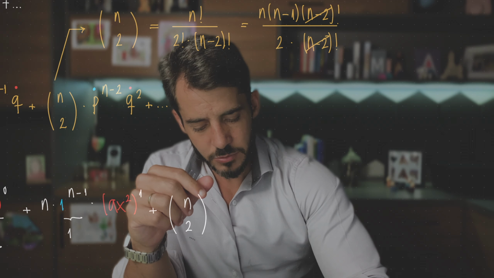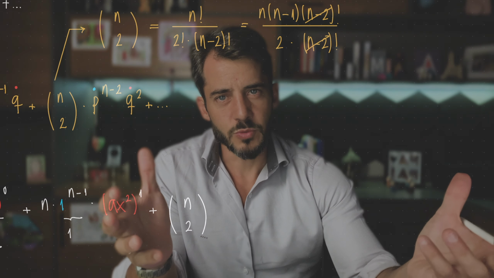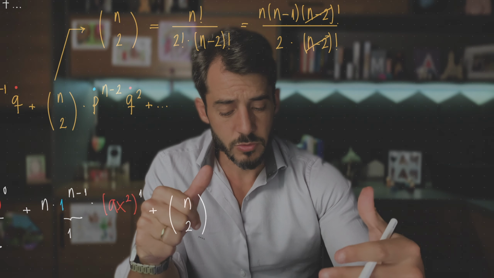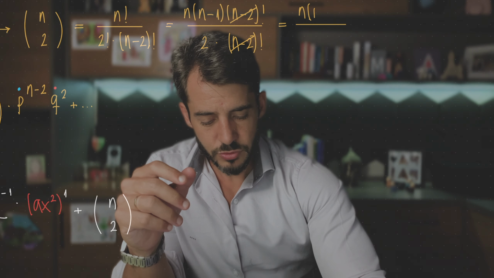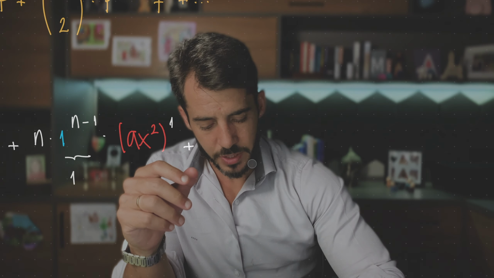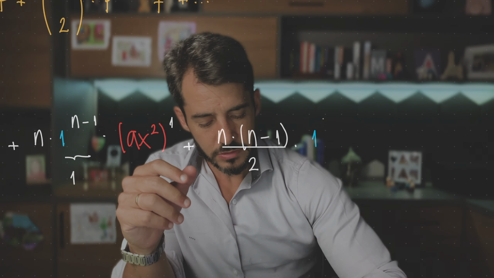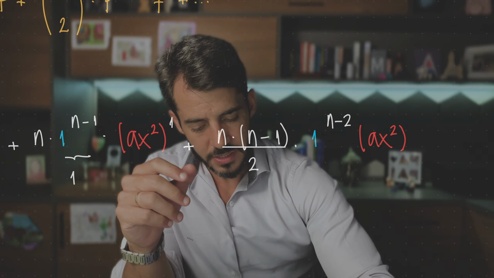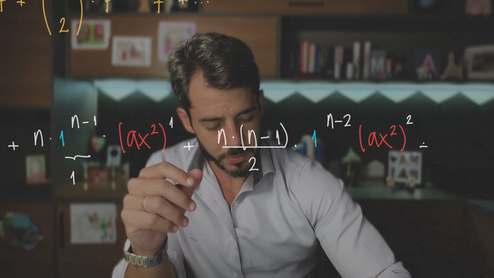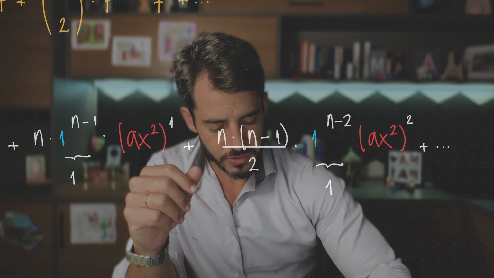All of this times 2 factorial. This 2 factorial can be replaced by 2, because 2 factorial is equal to 2. Therefore, n choose 2 is n(n − 1) divided by 2. So let's replace it right here. We have n(n − 1) divided by 2 times 1ⁿ⁻² times (ax²) to the second power, plus dot dot dot. Now, again, 1ⁿ⁻² is just 1.